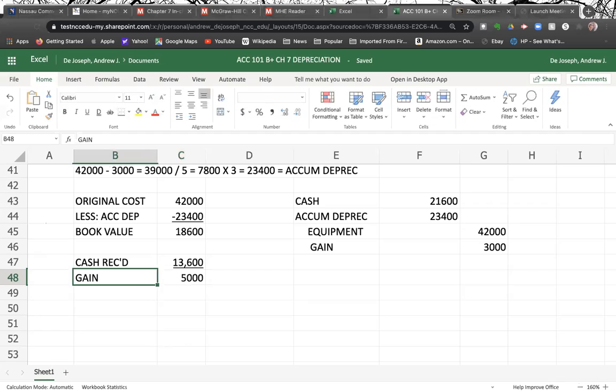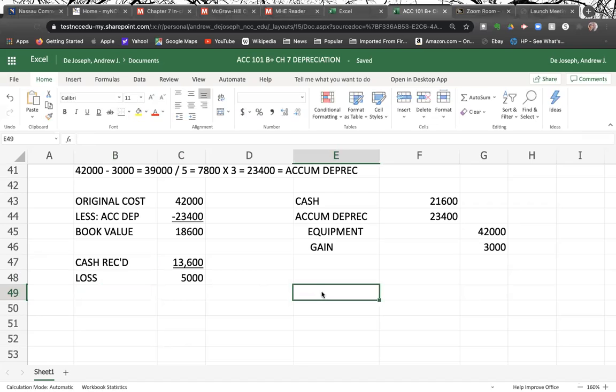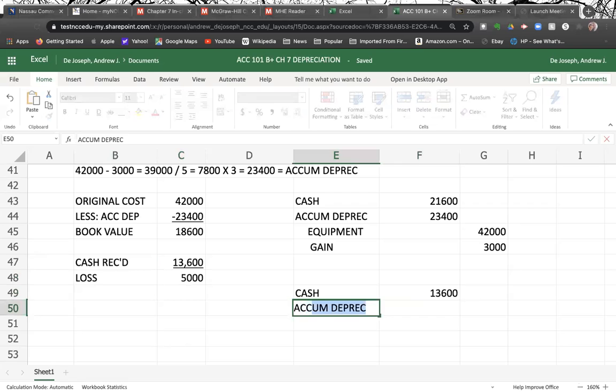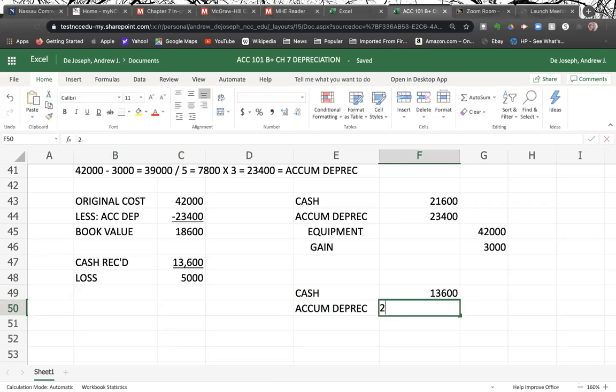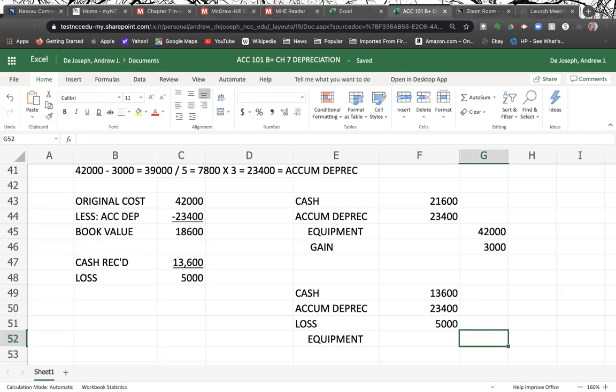This time we had a loss. We lost $5,000. All right, so how would the entry be different? Then just do the math to make sure that the debits equal the credits.